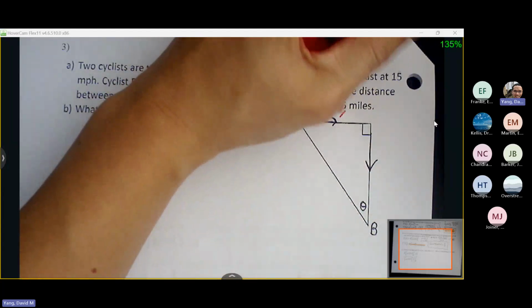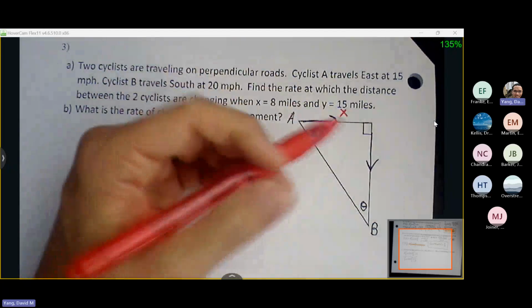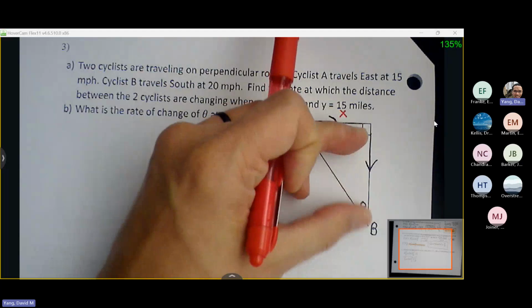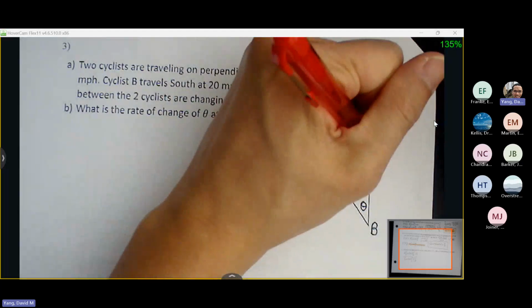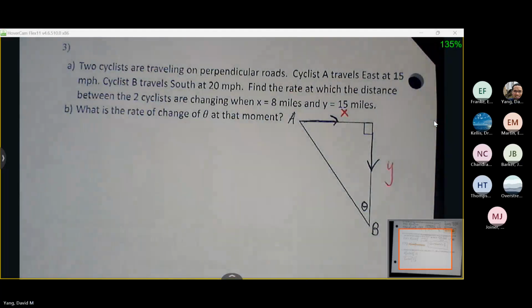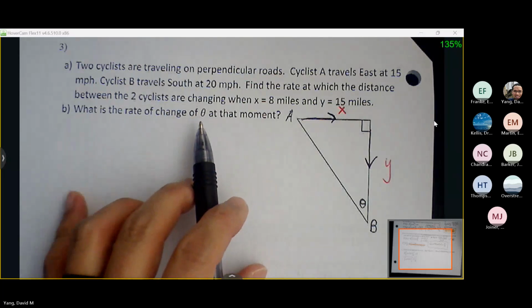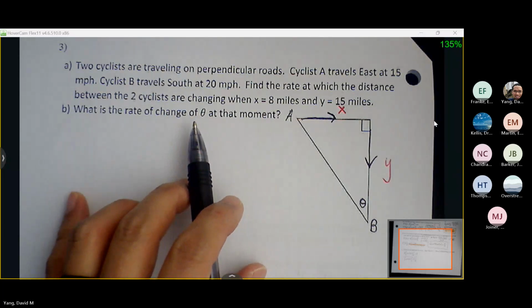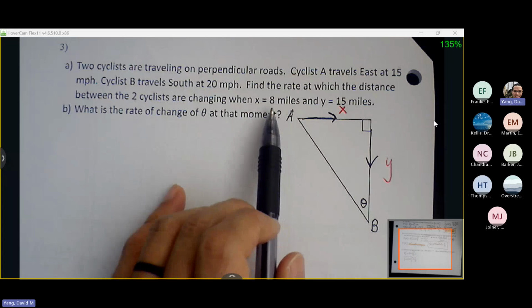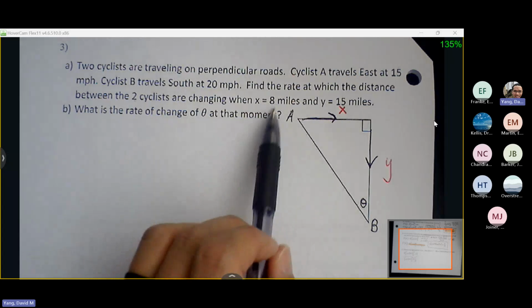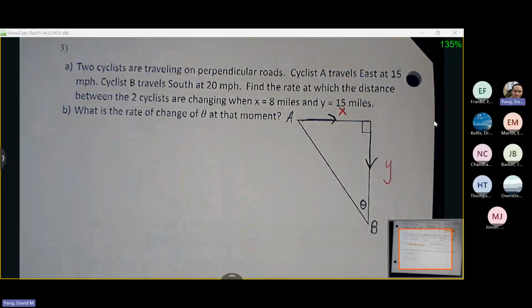I'm going to call this X. But then as cyclist B travels away from the intersection, it is causing this length to increase over time. I'll specify on the test but basically X is the horizontal and Y is the vertical.